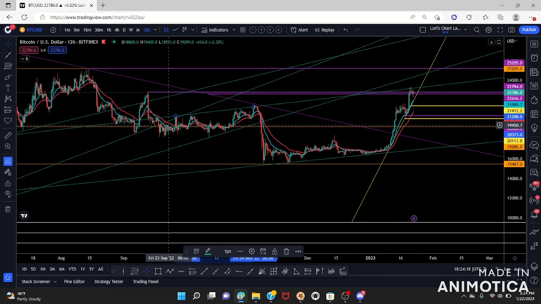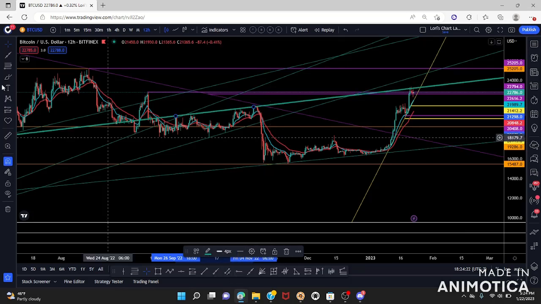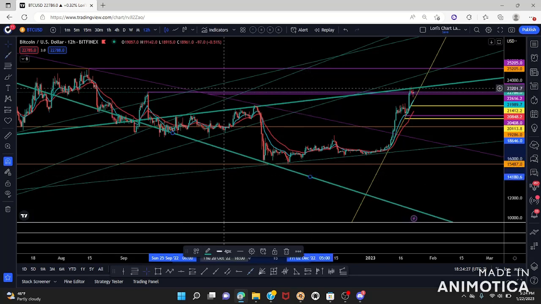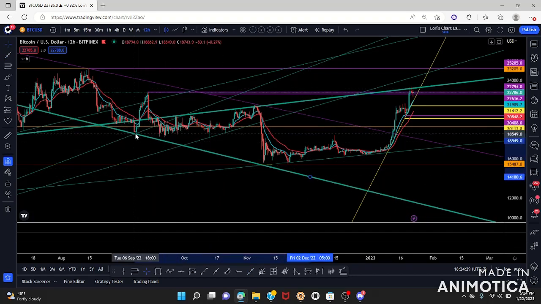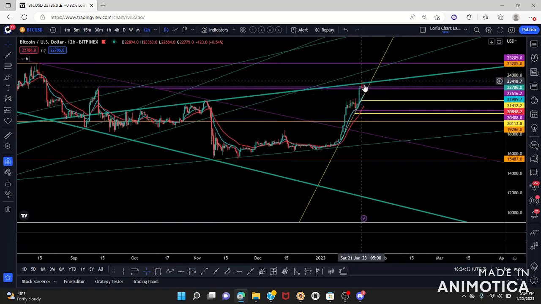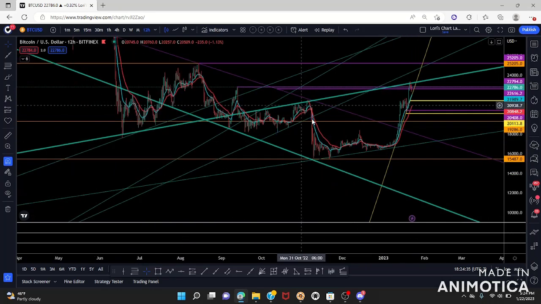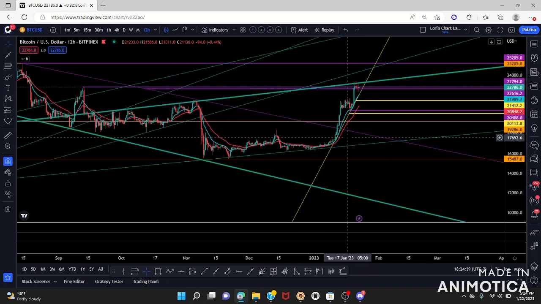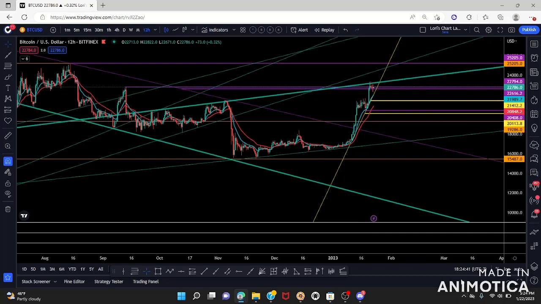So I was using the support here, and this megaphone, and it's right on it. So I was looking at this possible megaphone to play out, and this being our top and having a big downside movement.